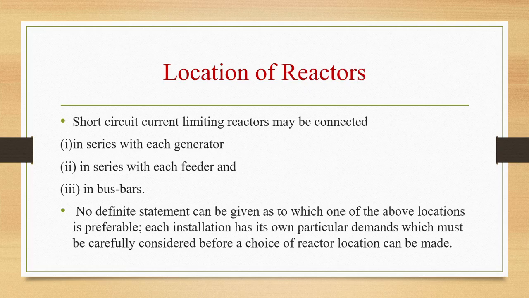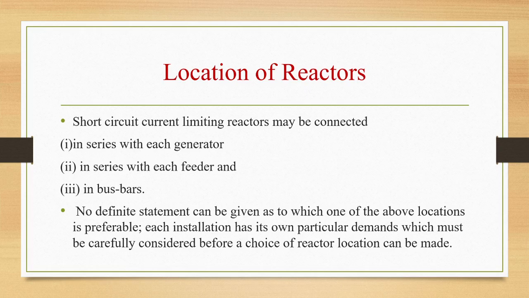Second one, they can be connected in series with each feeder. And third one, they can be connected in bus bars. No definite statement can be given as to which one of the above locations is preferable. Each installation has its own particular demands which must be carefully considered before a choice of reactor location is made.